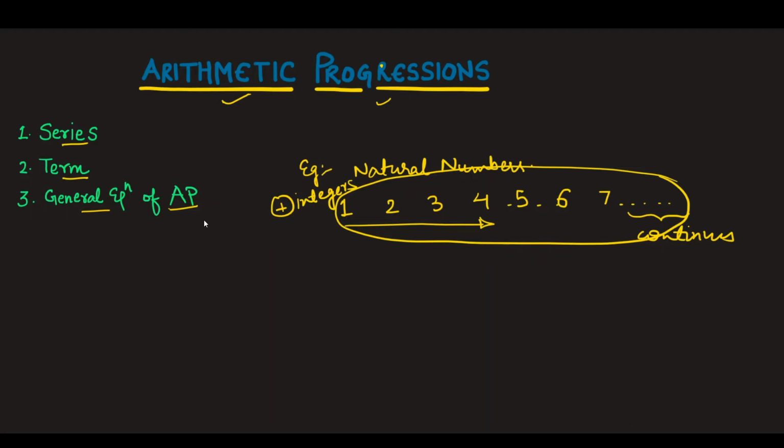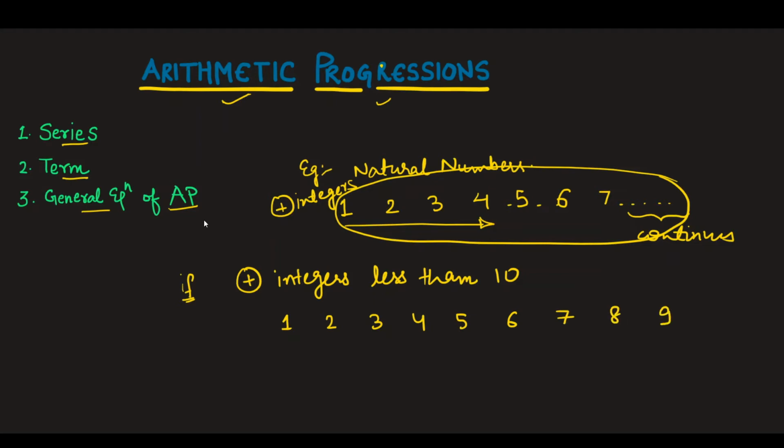If I say positive integers less than, say, 10, then the numbers will be 1, 2, 3, 4, 5, 6, 7, 8, 9, only 9, less than 10. So 10 will not be included.